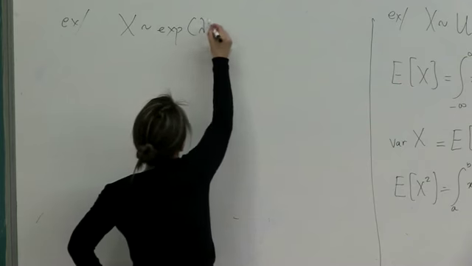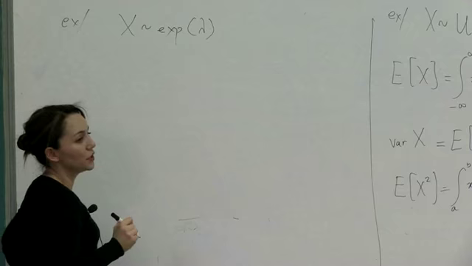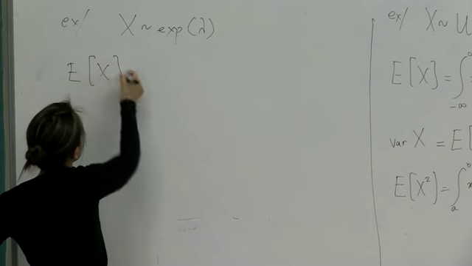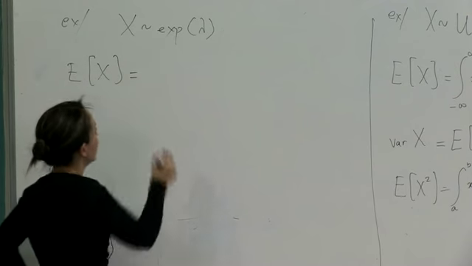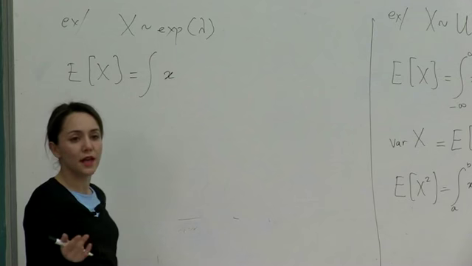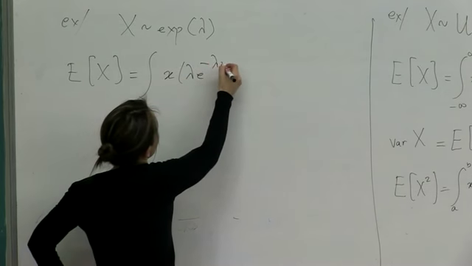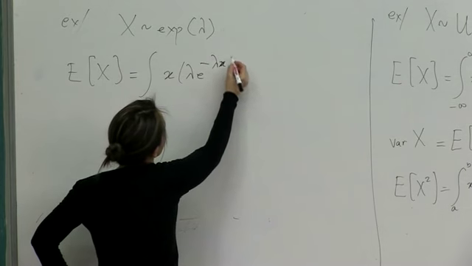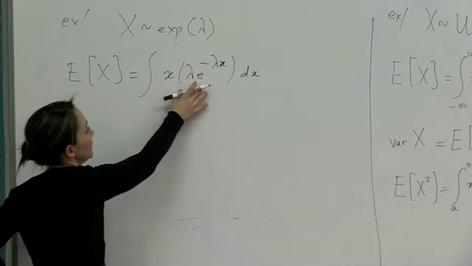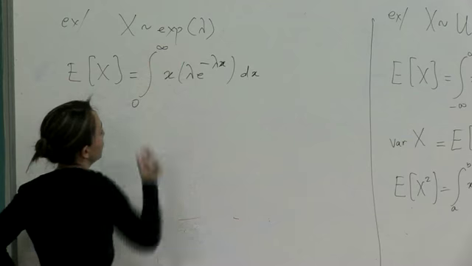That's lambda. Now, when x is exponential with lambda, the expected value of x is the integral of x times f_X of x. What is the density? Lambda times e to the minus lambda x dx, and the density is only non-zero from 0 to infinity.